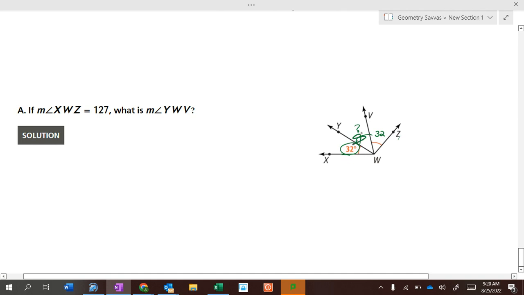Because they each have an arc mark. So if this is 32 and this is 32, what do those two add up to? 32 plus 32 makes 64. If this whole thing is 127, take 127, subtract 64, and you get 63.